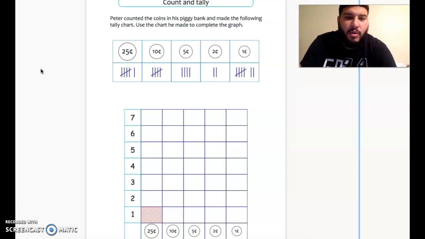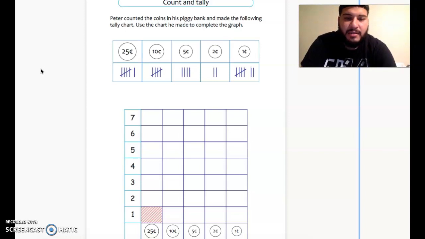He counted 1, 2, 3, 4, 5, and 6 25-cent coins. Let's move on. He counted 1, 2, 3, 4, and 5 10-cent coins.